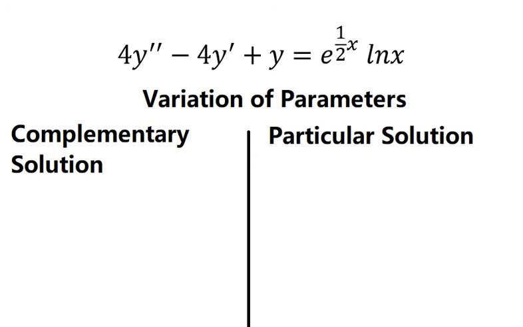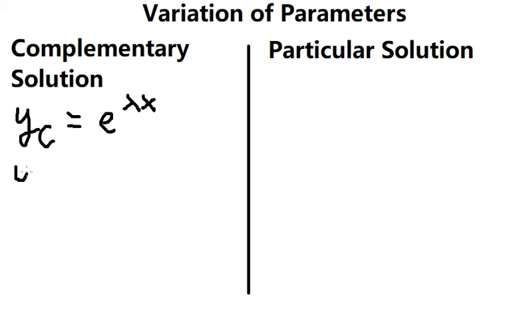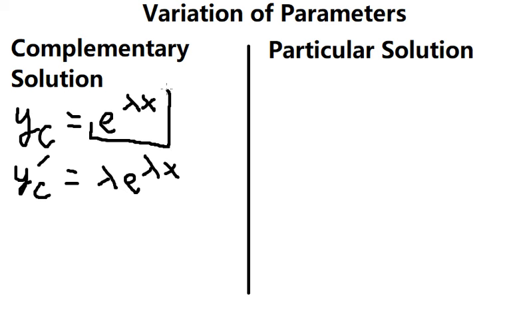About the first one, we put yc equals e to the power of lambda s. If we do the first derivative of this one, we have lambda e to the power of lambda s, because we keep this one in here.